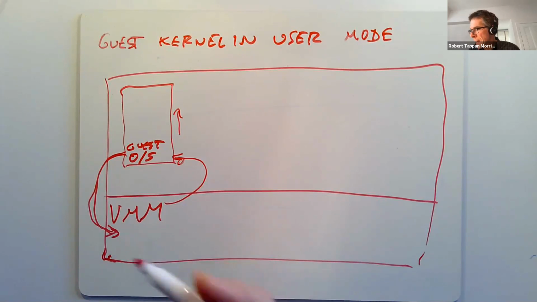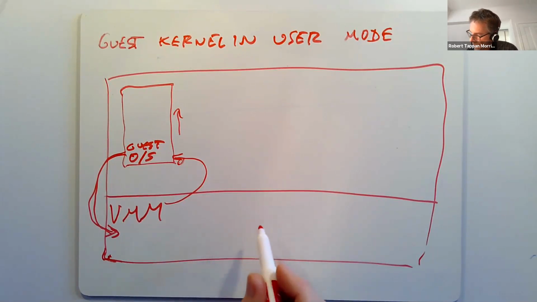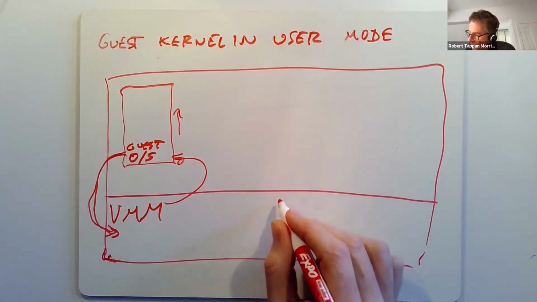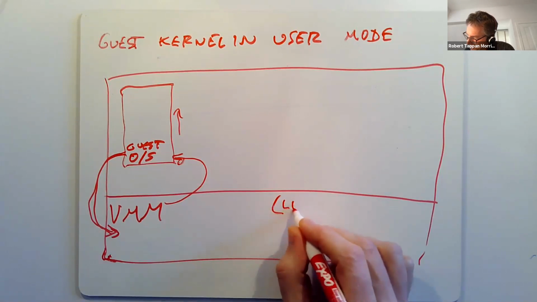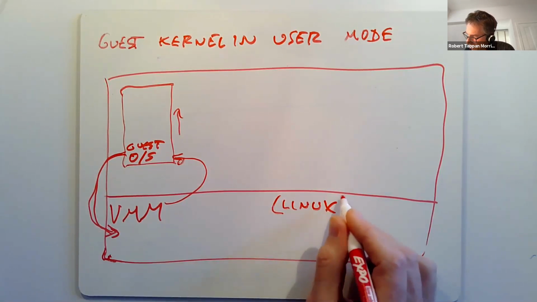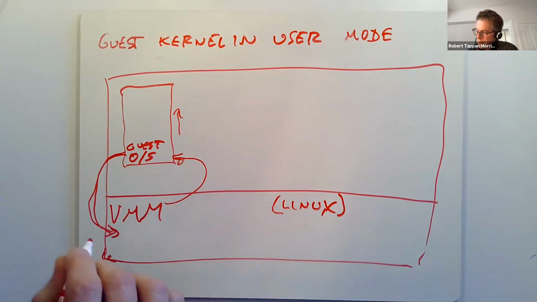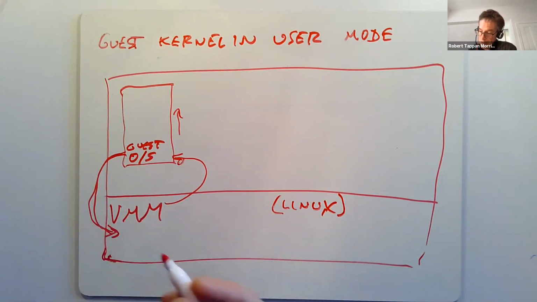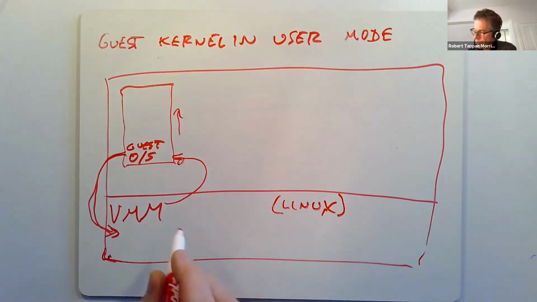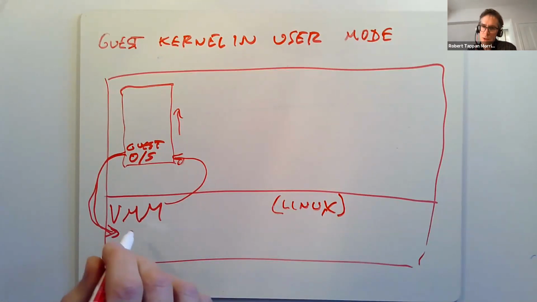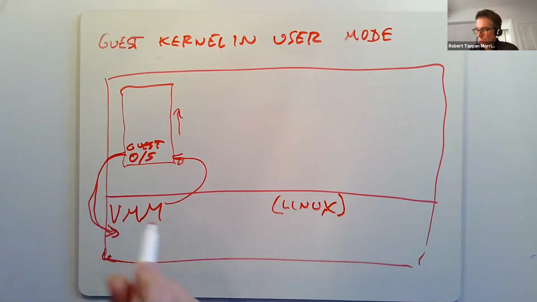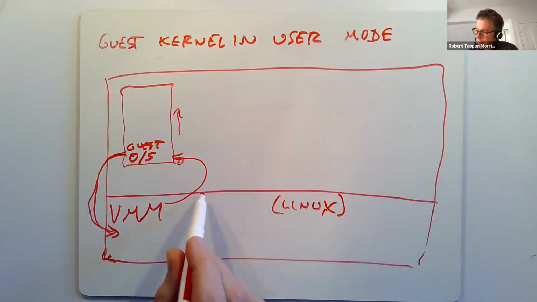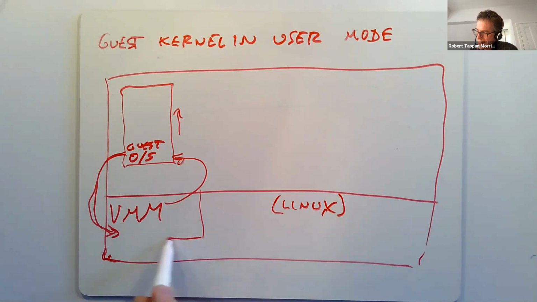In fact, there are also many virtual machine schemes out there that boot Linux, and then once Linux is up and running, you load the virtual machine monitor as what's called a loadable kernel module into Linux, and it runs in the kernel in supervisor mode.